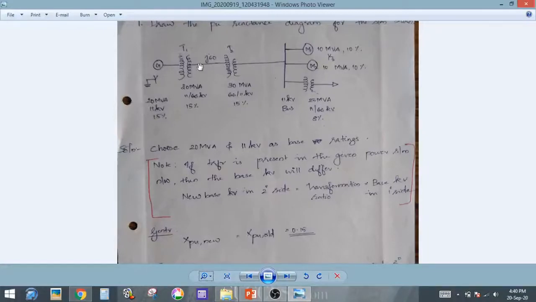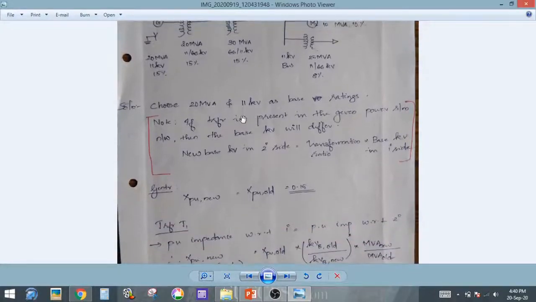Base kV from the secondary side of T1 to the primary side of T2 is the previous base kV, 11 kV, times the transformation ratio, that is 11 into 66 by 11. So here the base kV is 11 and in this part the base kV is 66 kV.